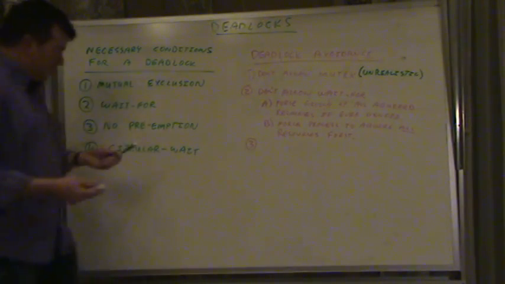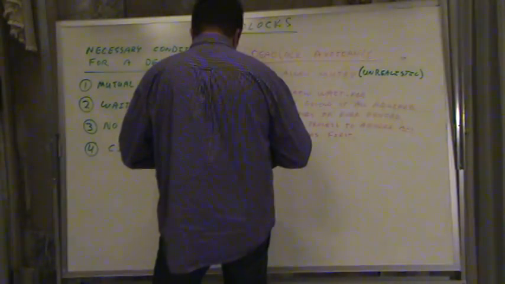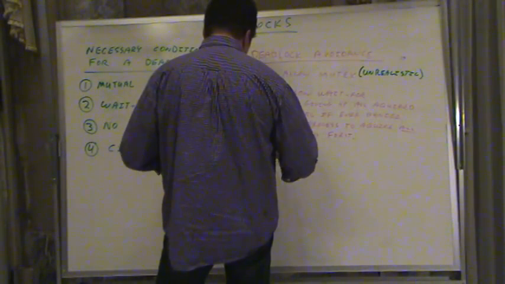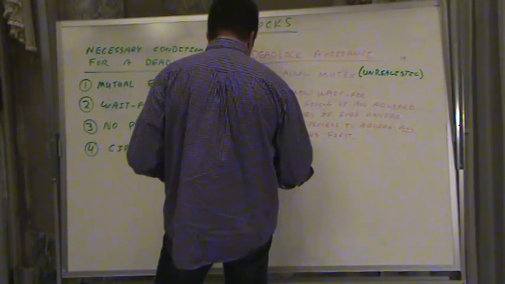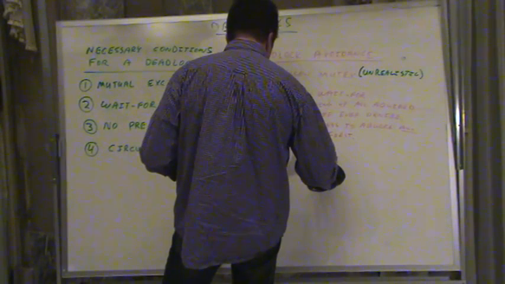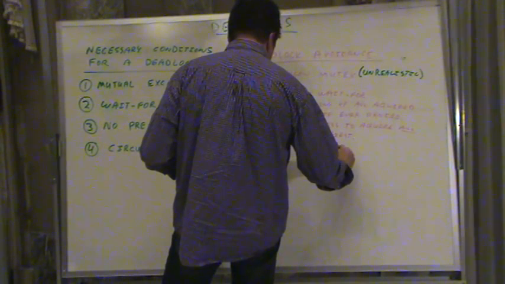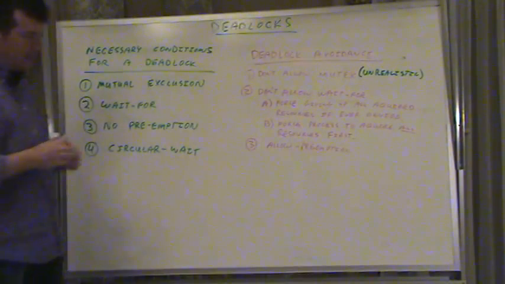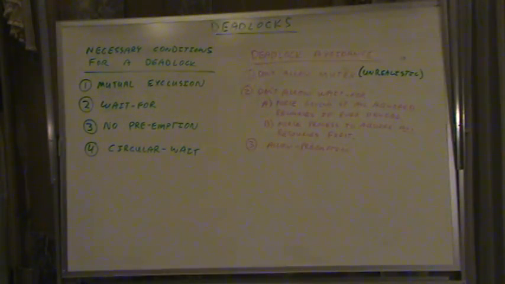Well, one way to deny it is to allow preemption. Preemption is where the operating system comes in and says, all right, you've been stuck too long, I'm freeing up all your resources, I'm kicking you out, and you've got to start over. So we can allow that, and that will guarantee no deadlocks.